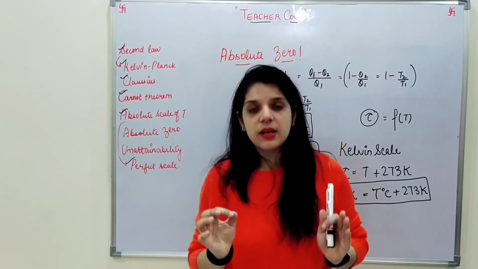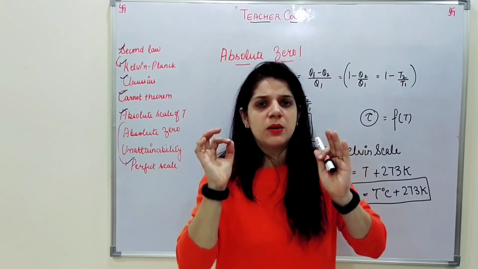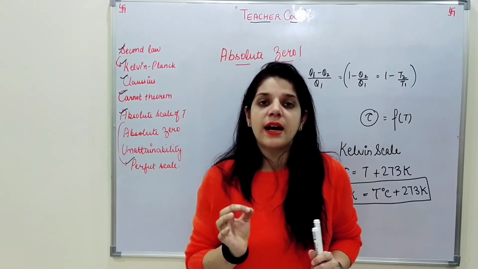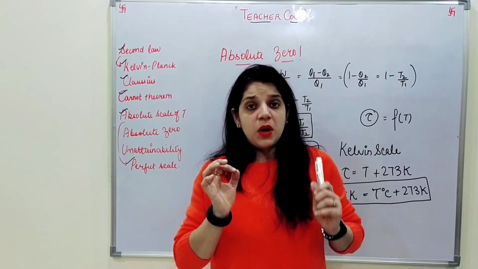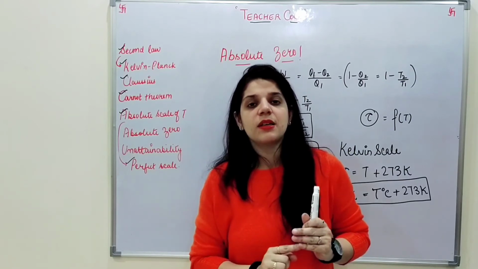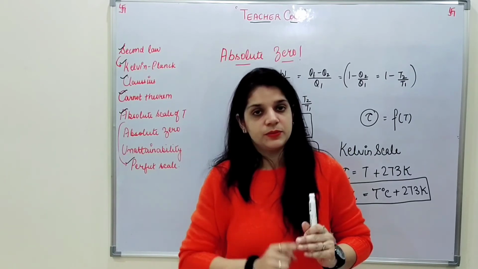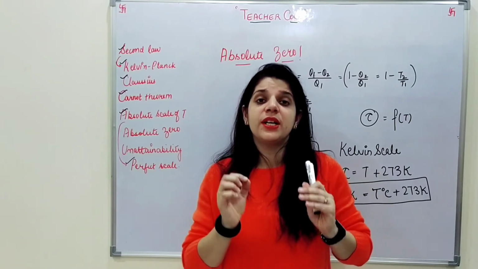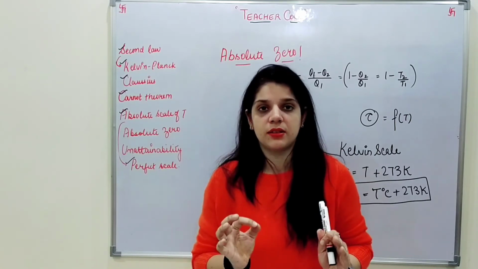Every single particle, every single molecule, every single electron comes to a standstill. You understand? When everything is coming to a standstill, there will be no work done, because everything will freeze.